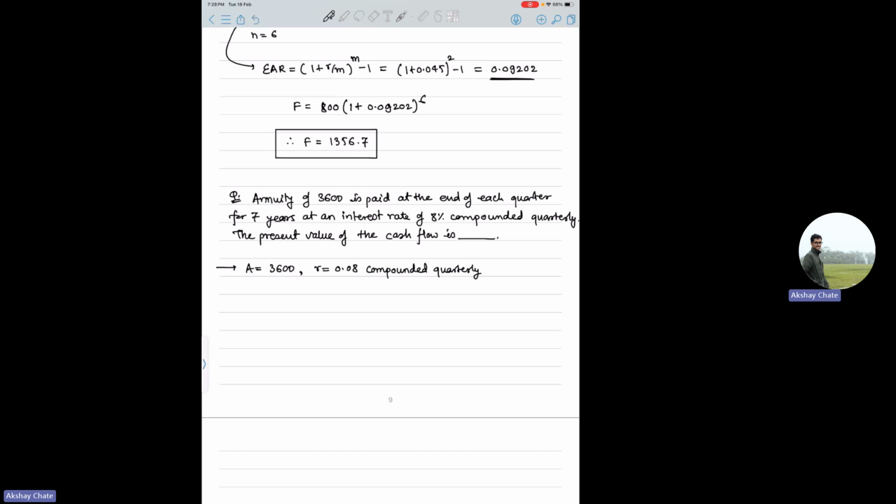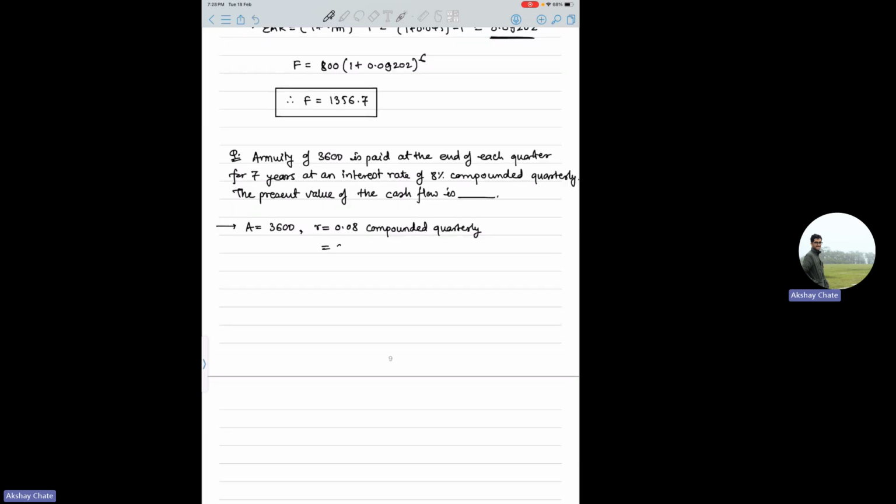So it will be nothing but 0.08 divided by 4 per quarter, because it's quarterly, right? So M is 4, so it is 0.02. So basically in each quarter you get 2%.